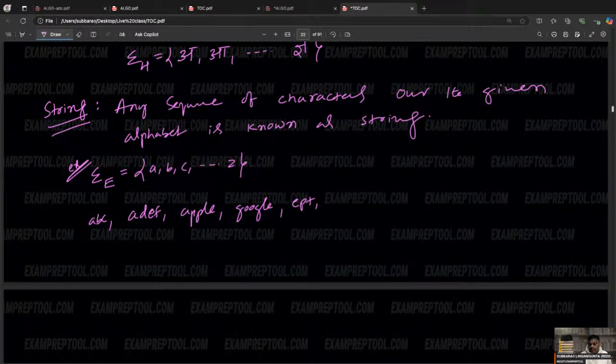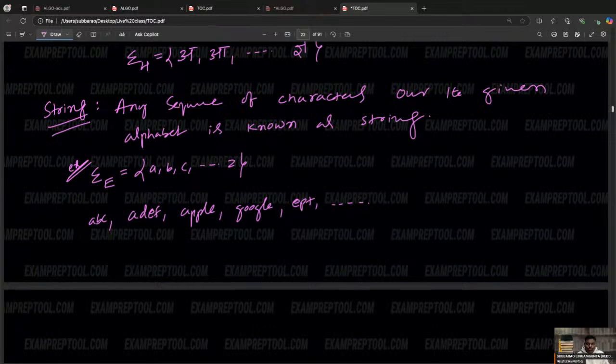Google is one string. EPT is one string. Like that, there are so many. Any sequence of characters over the given alphabet is known as a string. Sigma E is equal to A, B, C up to Z, and strings are ABC, ADEF, Apple, Google, EPT, and so on.